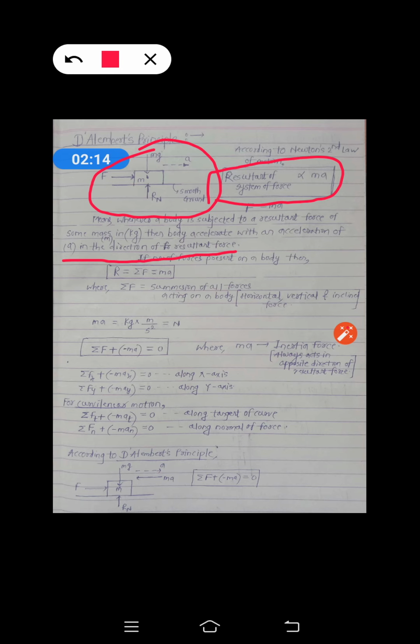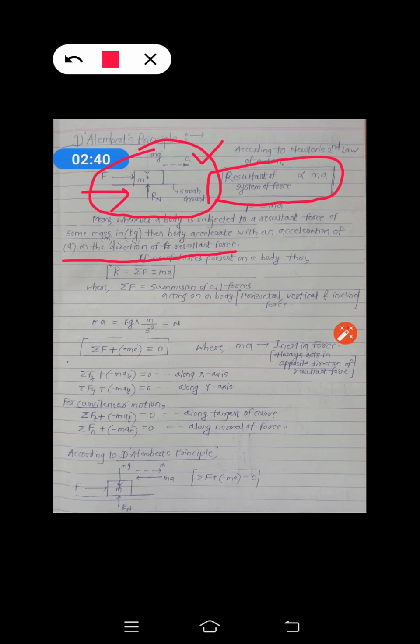The direction of the acceleration is the same as the direction of the force. In the figure, the direction of the force is in the positive x direction, so the acceleration is also in the positive x direction. So this is Newton's second law of motion.